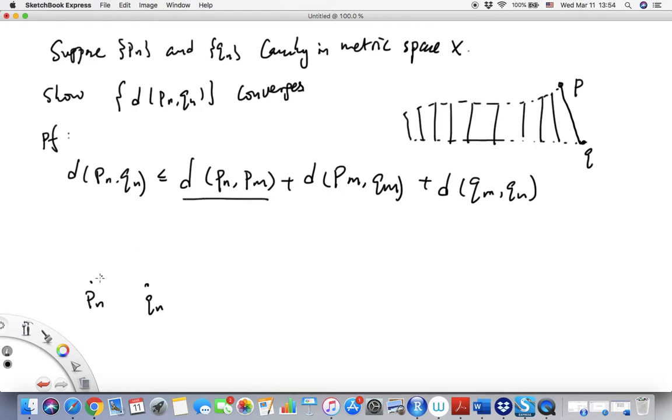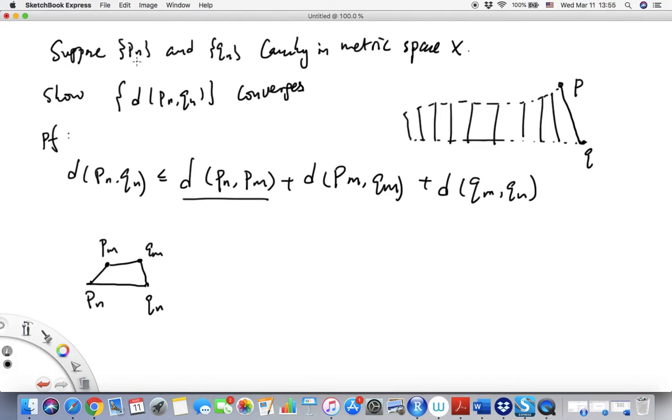This is saying we go from Pn to Pm, then Pm to Qm, and Qm to Qn. So the expression on the right-hand side, you can think of it as the distance of this path, which is of course greater than or equal to the distance of the direct path. This follows from the triangle inequality.